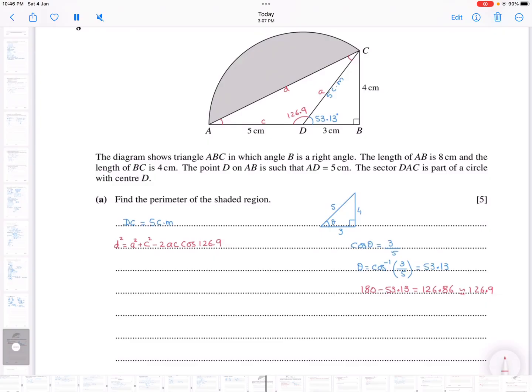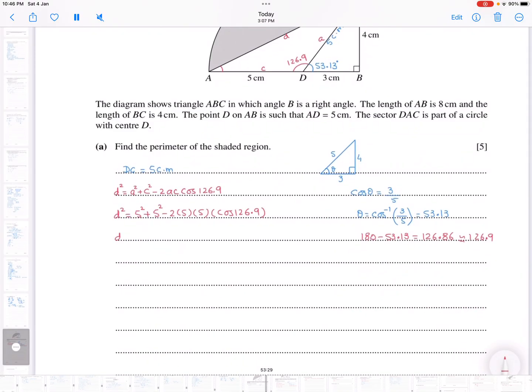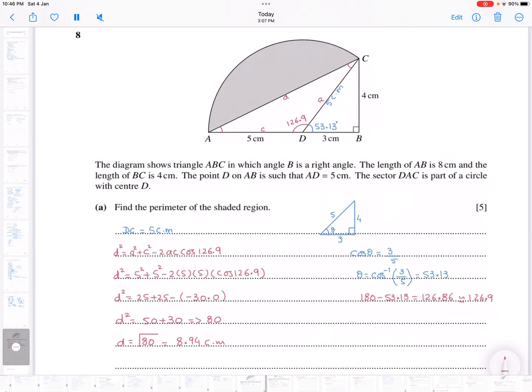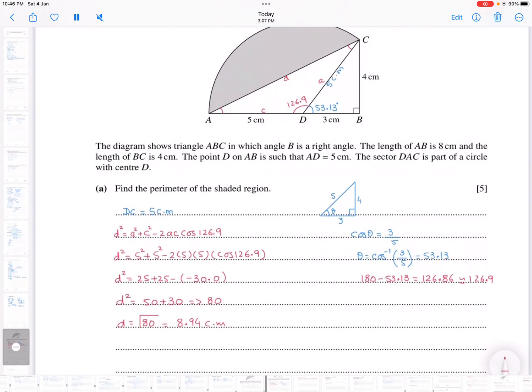Now place the values in this and carefully solve it. So my d is 8.94.